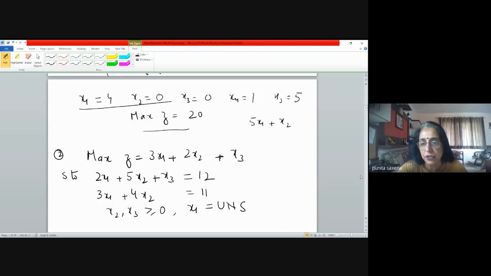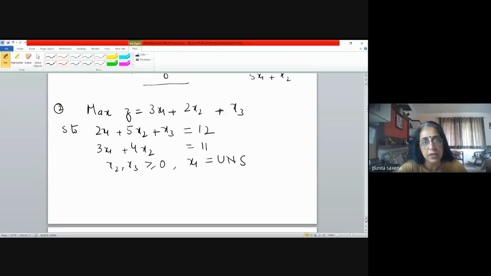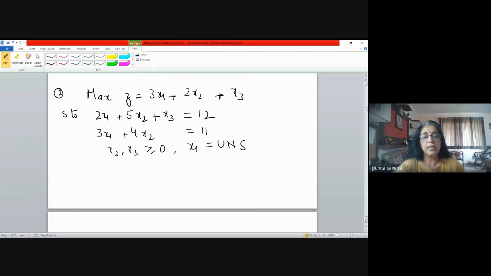We normally write it as UNS, which stands for unrestricted in sign. So that amounts to saying that my x1 can be positive or my x1 can be negative. So I don't know what it is.